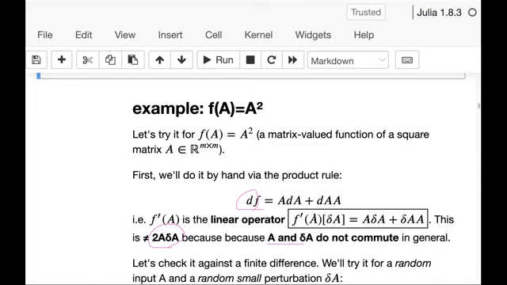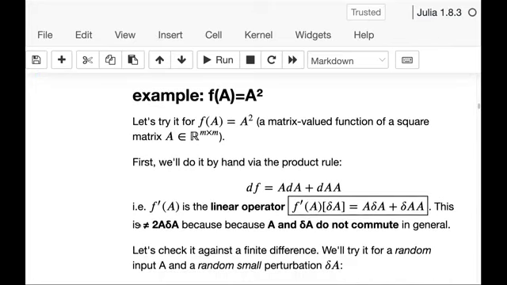So f prime here, the derivative, is really a linear operator that gives a small change in the input, gives you to first order, the linear part of the change in the output, A delta A plus delta A A. And what we can do is, suppose I've derived this formula and I want to check that I didn't screw it up.